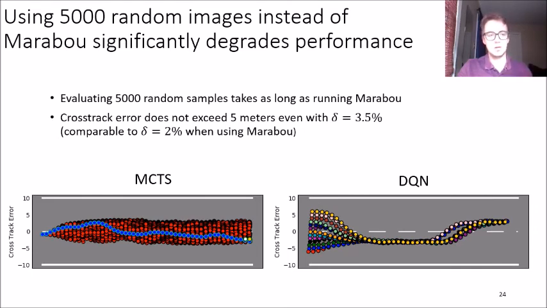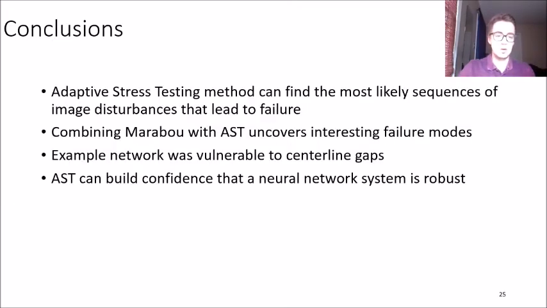To conclude, we presented this adaptive stress testing method which can find the most likely sequence of image disturbances that leads to failure. We did this by combining the Marabou neural network verification tool with this idea of using reinforcement learning called adaptive stress testing to find ways in which image disturbances can cause failures. And this can uncover something interesting about the neural network.